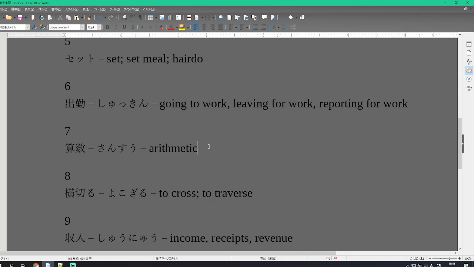Sansu is arithmetic. The counting of numbers. Calculation of numbers.